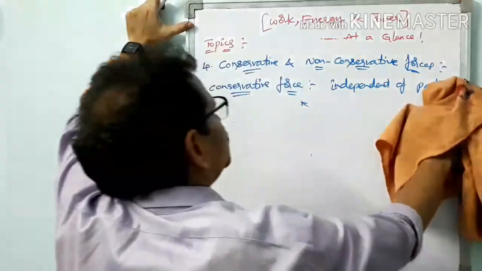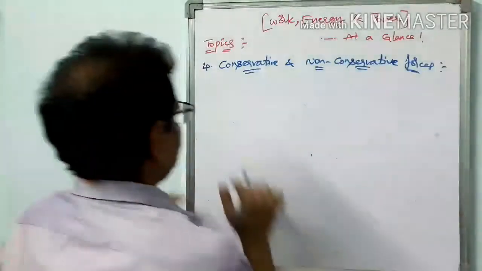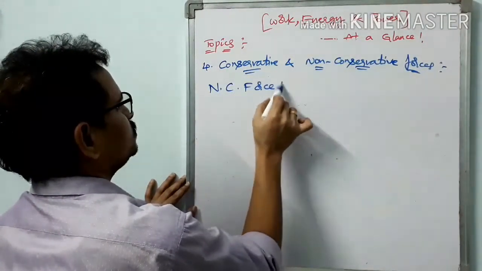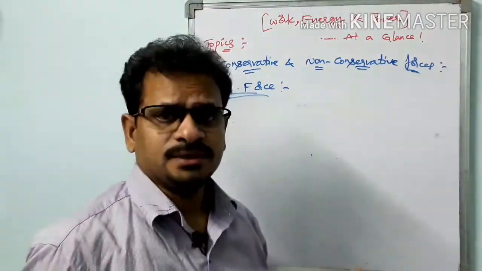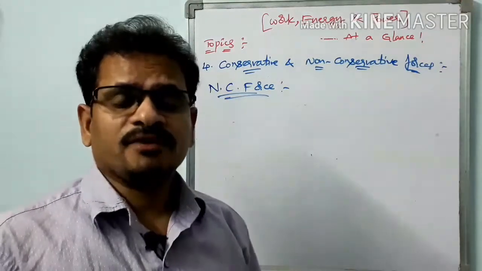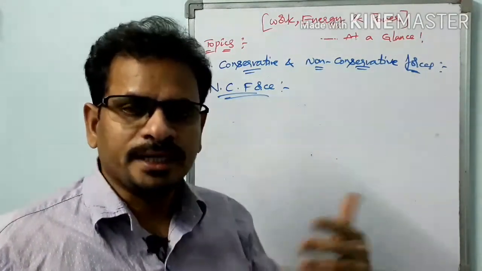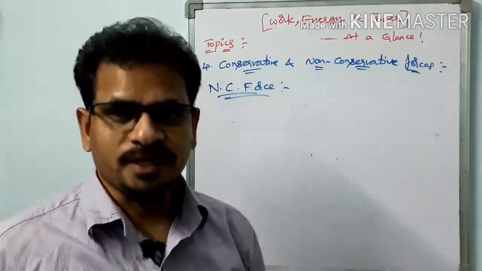Okay, now let us check what a non-conservative force is. It is just the opposite of a conservative force. If the work done by a force depends on the path but not just on initial and final positions, then such a force is called a non-conservative force.